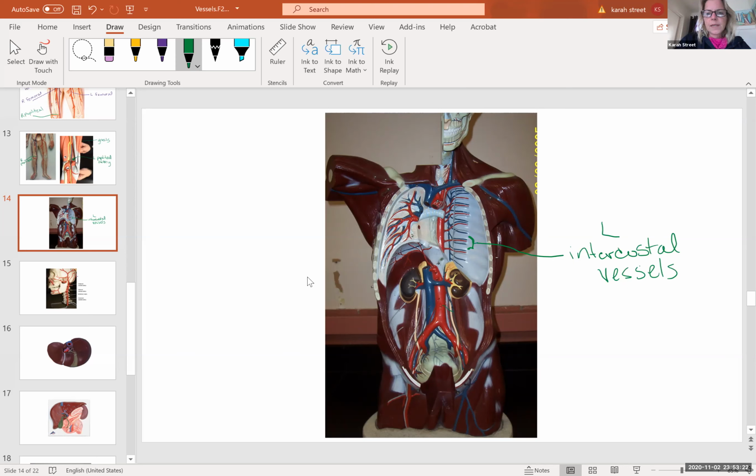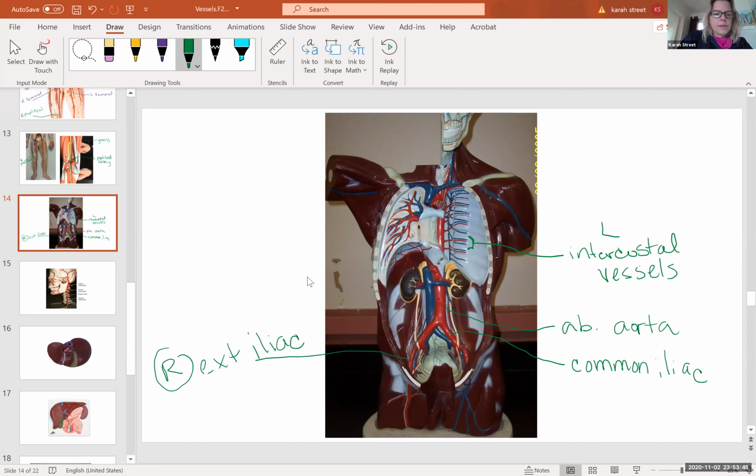And again, we can see abdominal aorta. We can see the common iliacs. I can see external iliac. And on that side, it would be right.